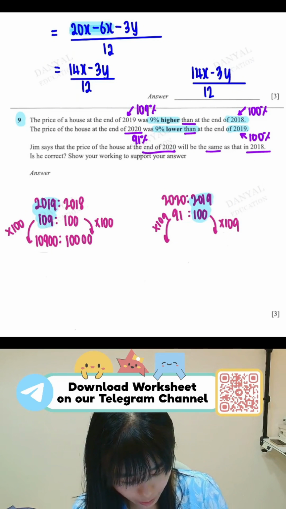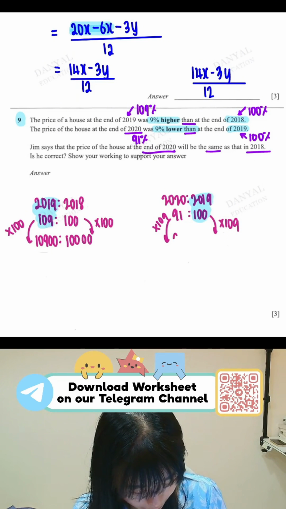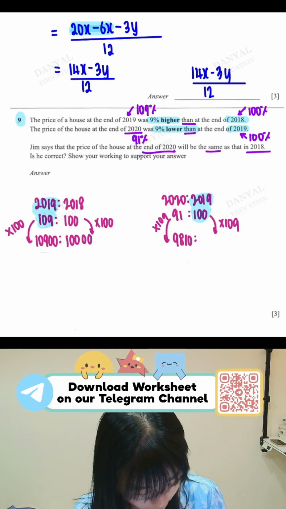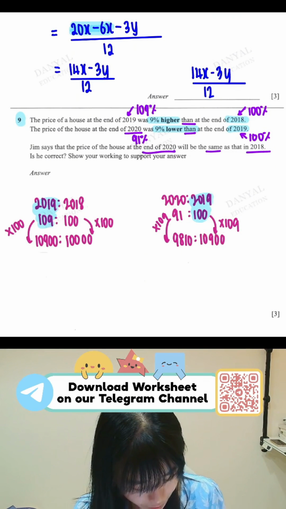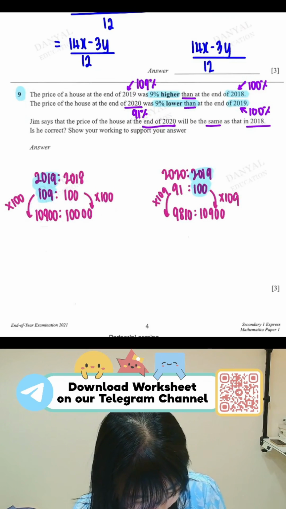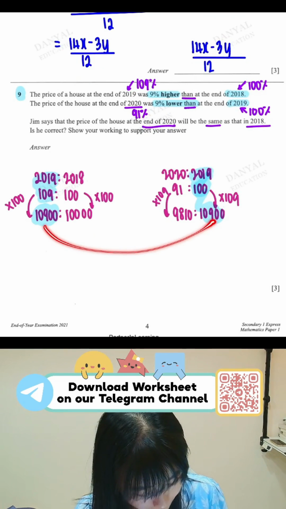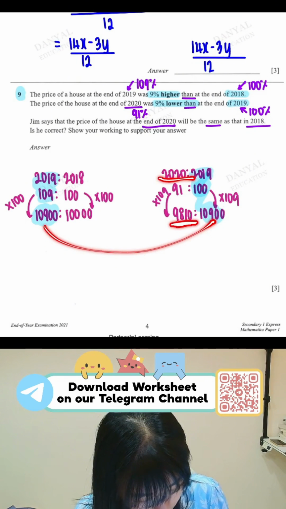Then 91 times 109, I will get 9810. Then 100 times 109, I will get 10900. So your 2019 will have the same amount of units. Then you realize 2020 is 9810.